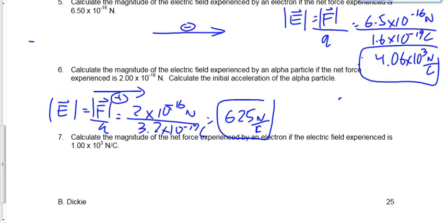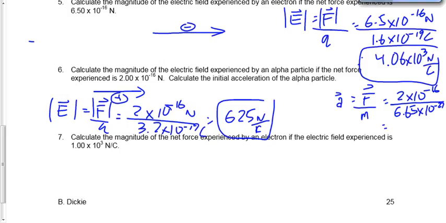Solve for a. F is 2 times 10 to the negative 16. And m is what? The mass of an alpha particle. It's on our data sheet. Do the math there, what do you end up getting? Pretty big number, right? We say meters per second squared, or we could say newtons per kilogram. Either one of those works.